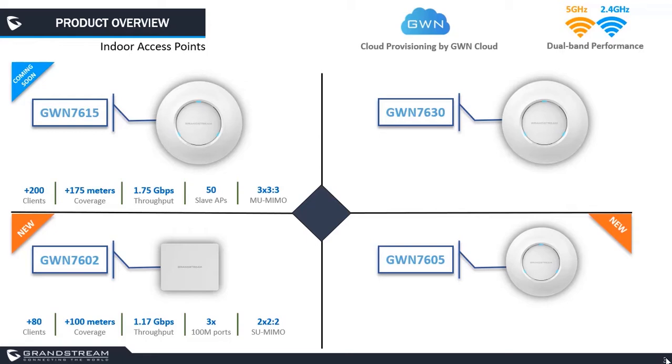The GWN 7602 offers dual band Wi-Fi 2x2, so this one has 2 antennas for transmission and 2 antennas for reception, which provides 2 streams. And this model uses the single user MIMO technology and supports up to 80 clients and 100 meter coverage range.